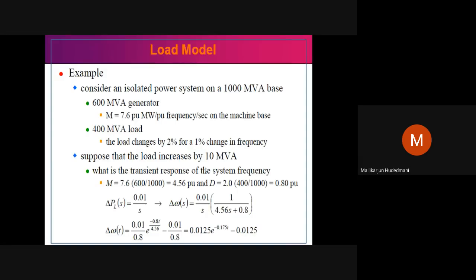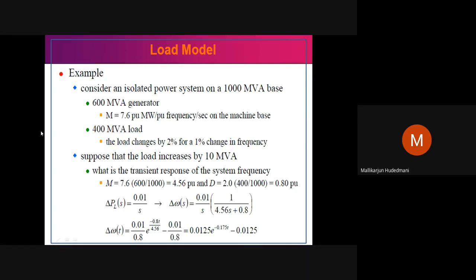Another problem, which is very simple, I took from the Wood and Wollenberg presentation, from the great author of power system operation and control. A number of videos from this great author are available on YouTube. His presentations are available on the net, and I have chosen some of them to present to you all.